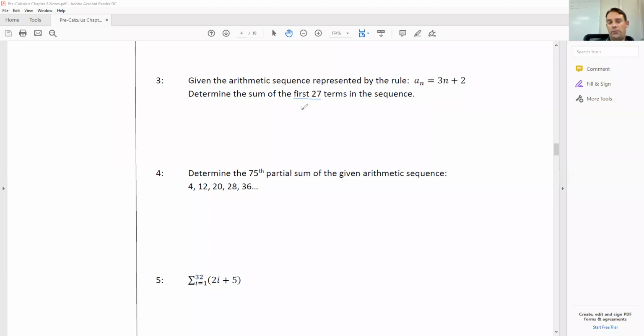So first 27 terms. That means I'm dealing with 27 terms. I don't know my initial and I don't know my 27th, but I can figure it out. If I plug 1 in for my n here, a sub 1 is 3 times 1 plus 2. That means my beginning term for this particular sequence is 5. And I'm going to try to figure out what my 27th term is. 81 plus 2 is 83.